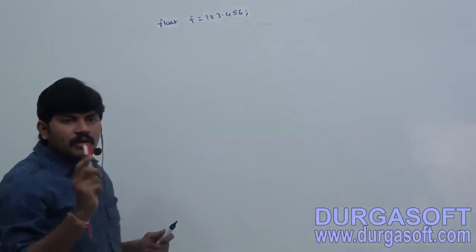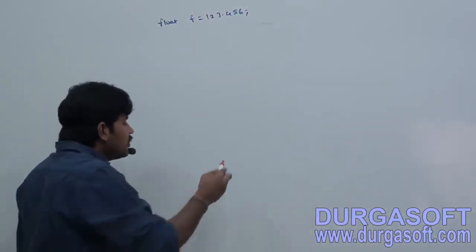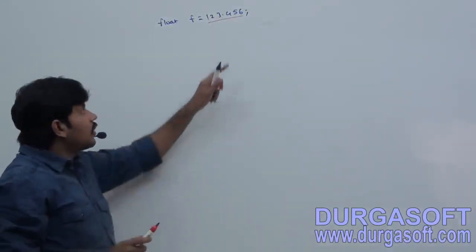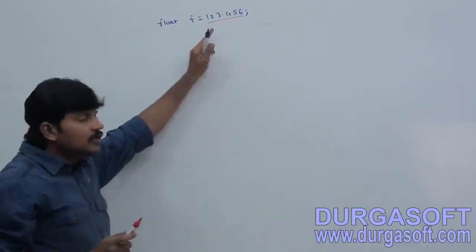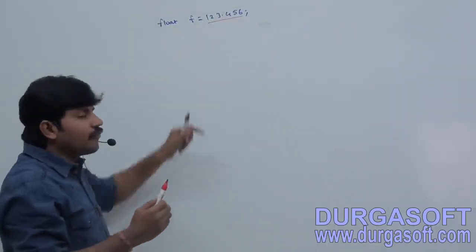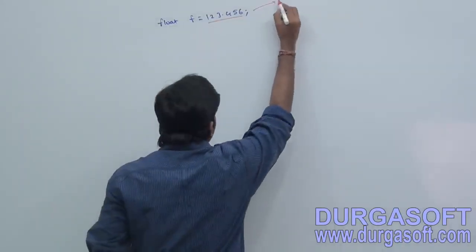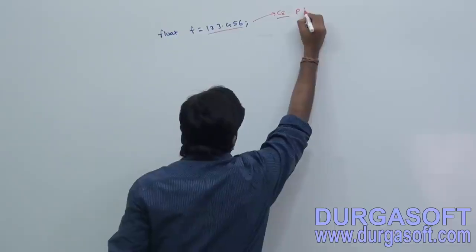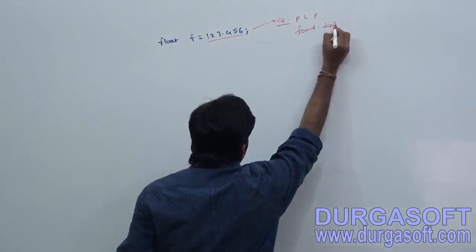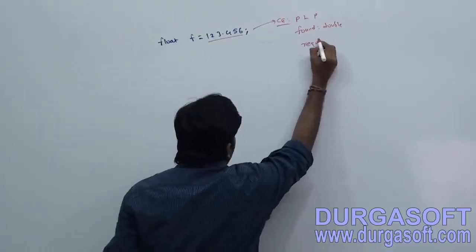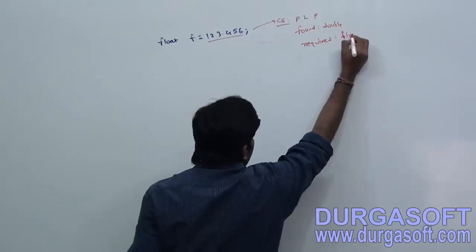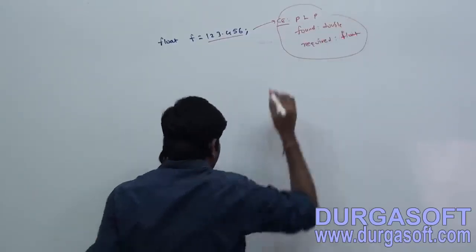By default every floating point literal is of double type. If it is double, how many bytes? 8 bytes. But float is how many bytes? 4 bytes. How can you assign an 8 byte value to a 4 byte one? That's why the compiler immediately says possible loss of precision, found double but required float.